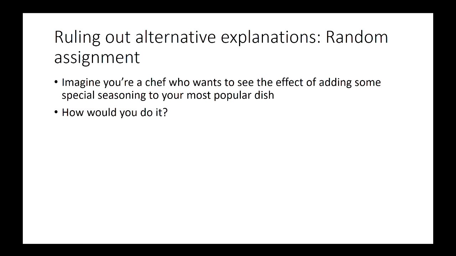How would you judge whether this additional seasoning would make the dish tastier? Well, one thing you would do, so you're adding different kinds of ingredients to the dish, right?